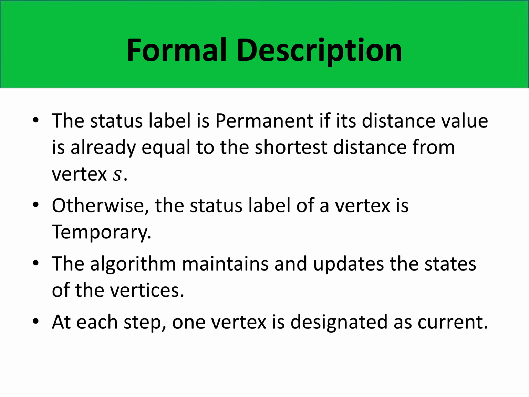If the status label is permanent, then it means that the distance value is already equal to the shortest distance from the starting vertex S. Otherwise, the status label of a vertex is temporary, which means that it is still possible to find a shorter distance than the previous one. Now, the algorithm maintains and updates the states of the vertices, and at each step, one vertex is designated as the current vertex.